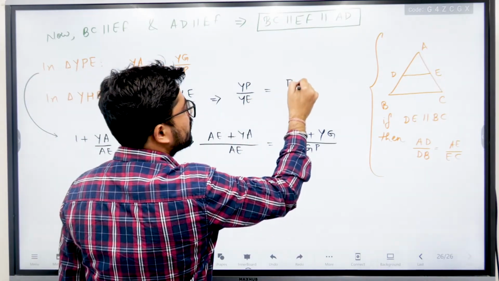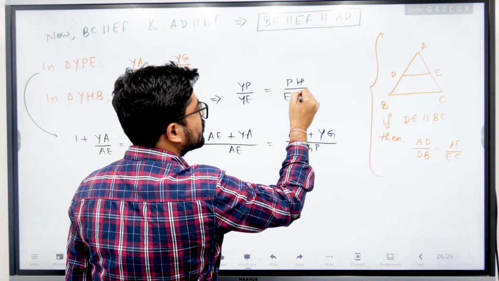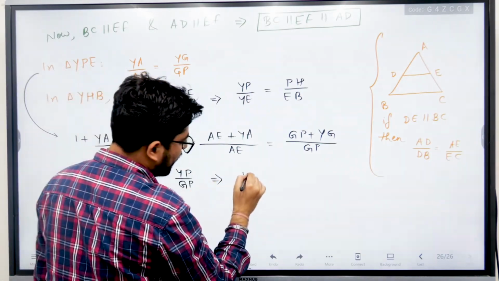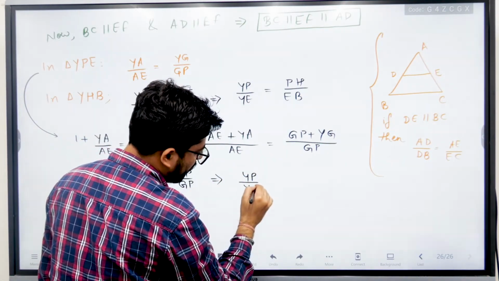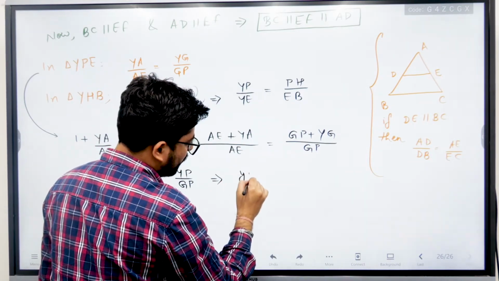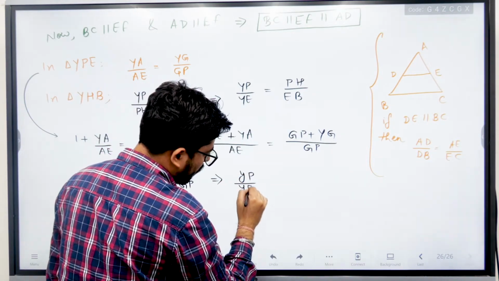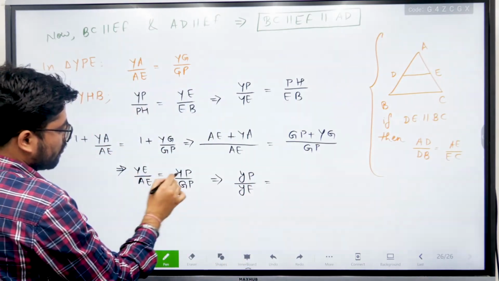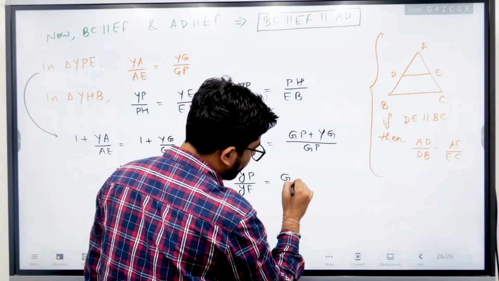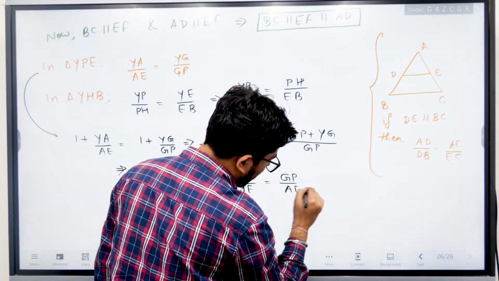Now if you observe from here, we can say YP upon YE is equal to PH upon EB, and YP upon YE is equal to GP upon AE.